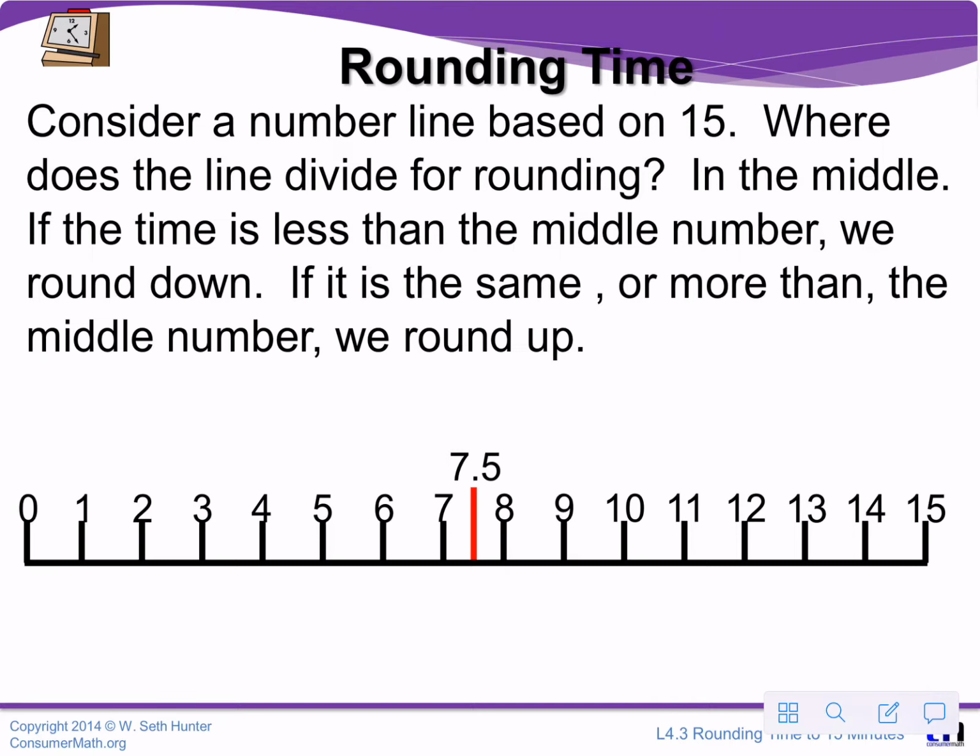Consider a number line based on 15. Where does the number line divide for rounding? In the middle, at 7.5. If the time is less than the middle number, we round down. If it is the same or more than the middle number, we round up.